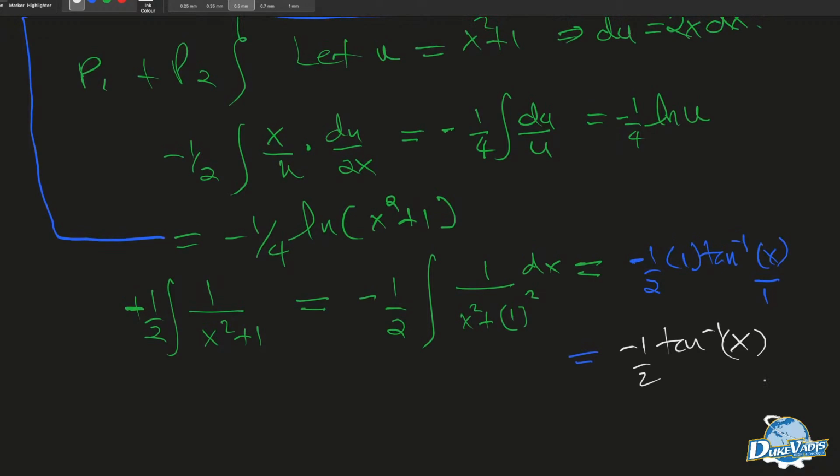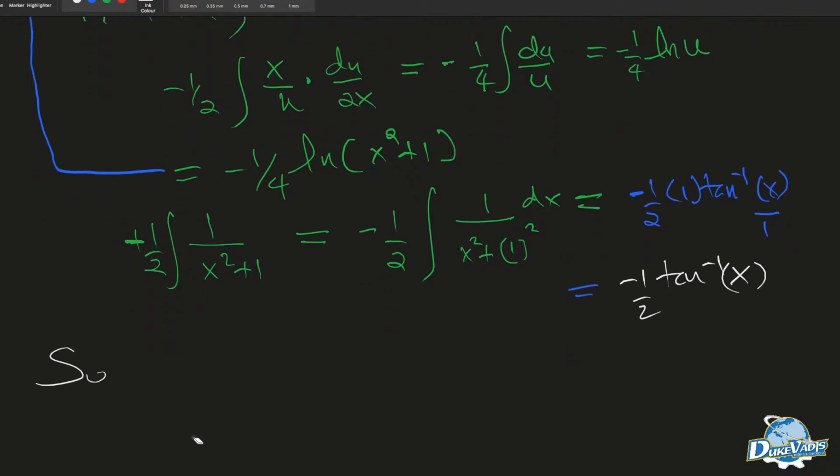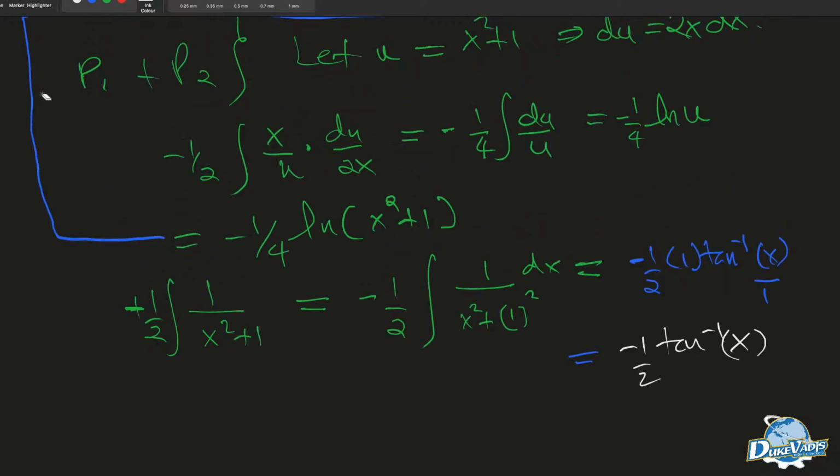So finally, our answer. When we integrate all of this, what was the question? The question is the integral of 1 over x to the 4 plus x cubed plus x squared plus x dx.